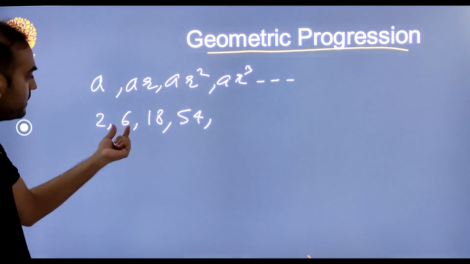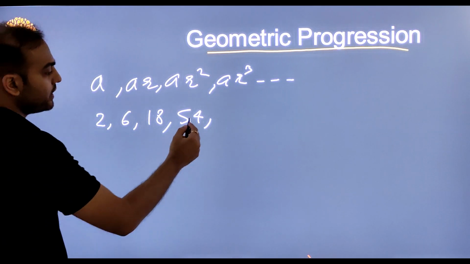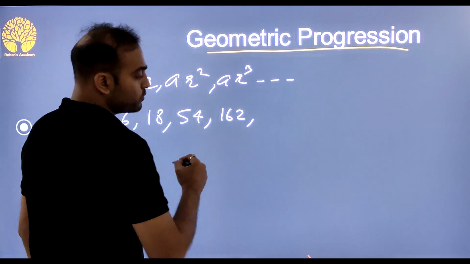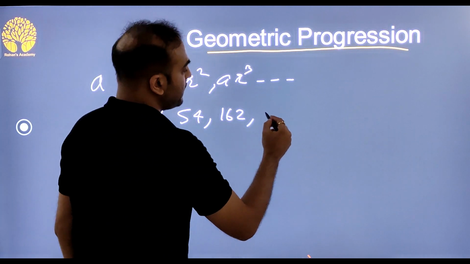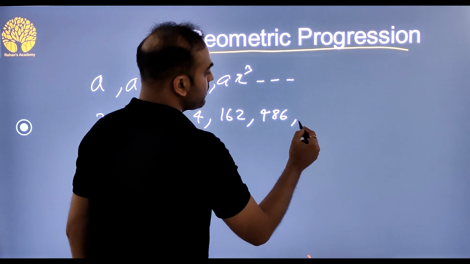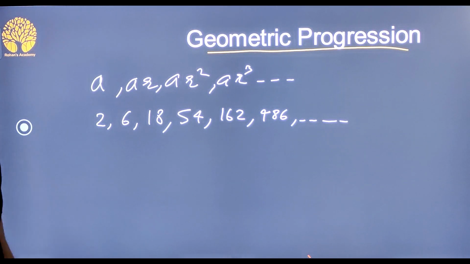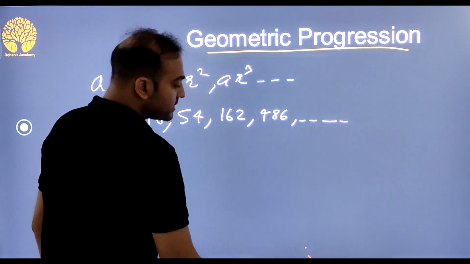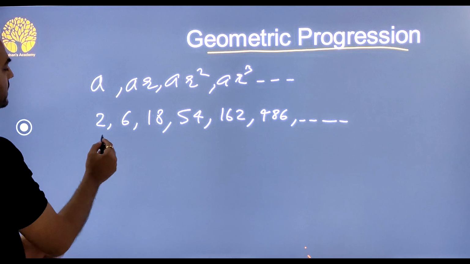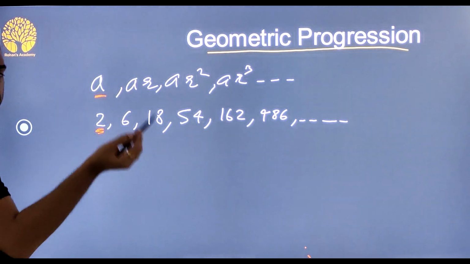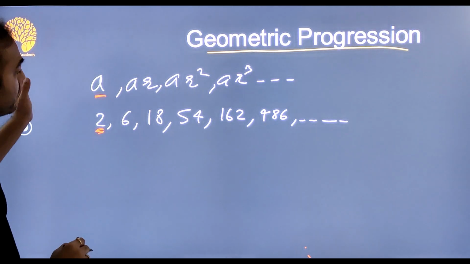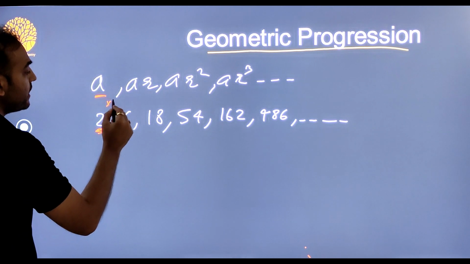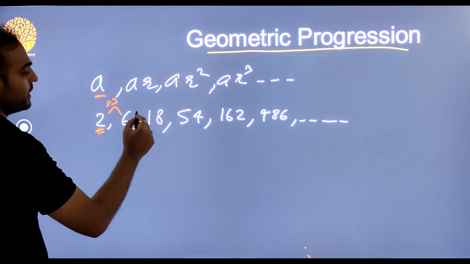See what is happening. We are multiplying by 3 again and again. The next term will be 54 into 3, that's 162. After that, 162 into 3, 486, and so on. So what is the parallel and what is the difference between the two? The first term is a, which was there also. There we were adding 3 again and again. Here we are multiplying by 3 again and again.